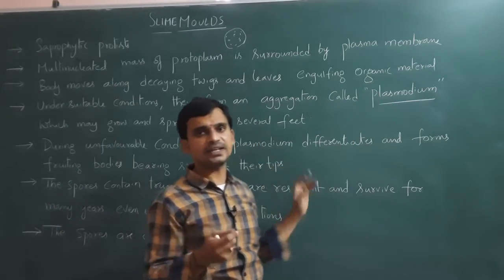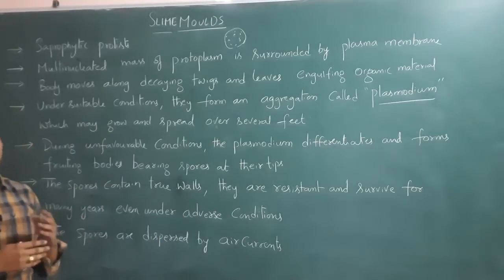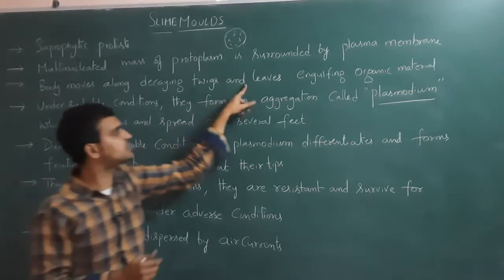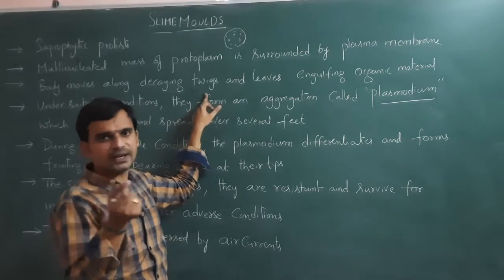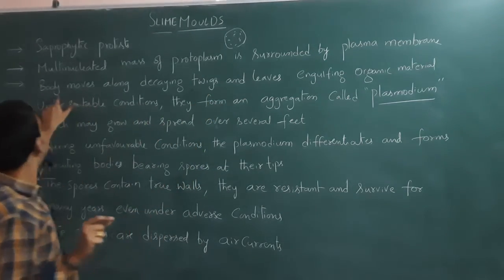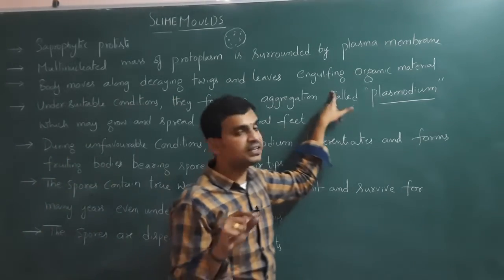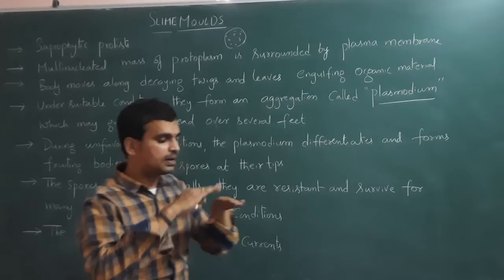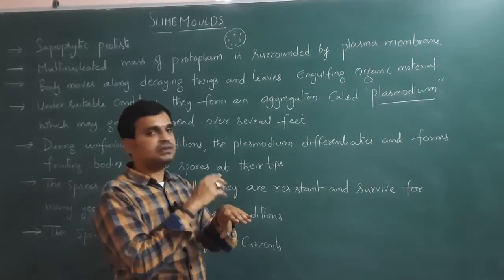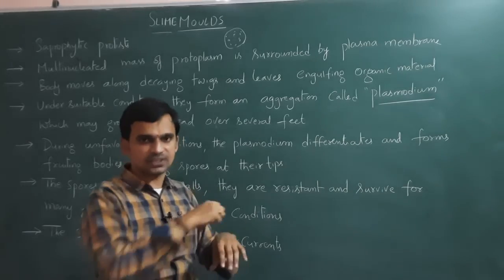What is organic material? Carbohydrates, proteins, fats, lipids, these are present in all living organisms. The twigs are nothing but small stems. When the body moves along the decaying twigs and leaves, it can engulf the organic material from them.